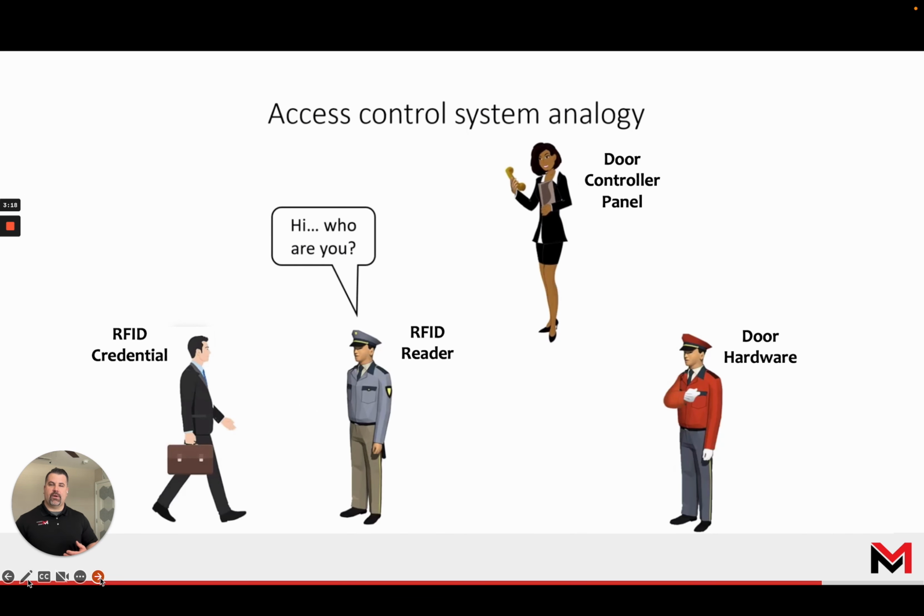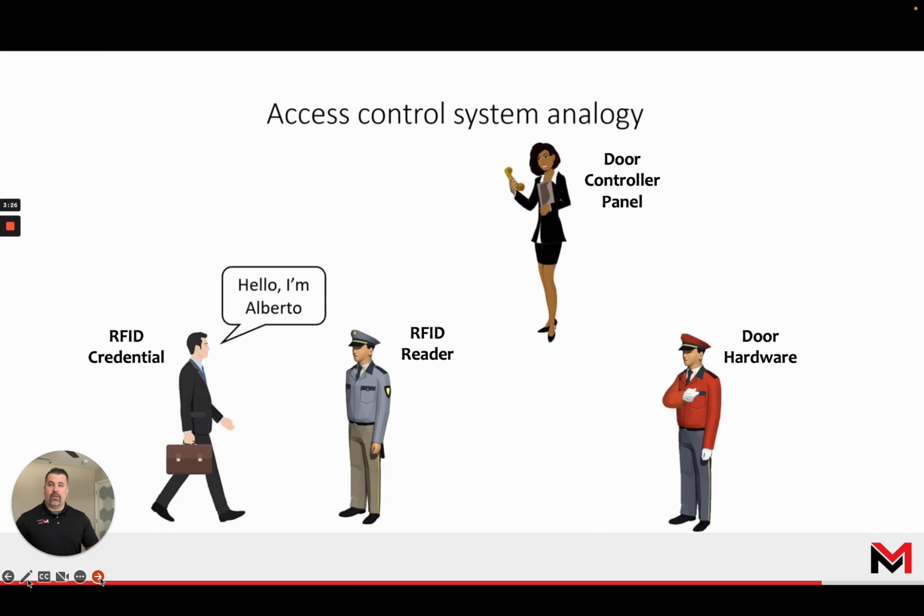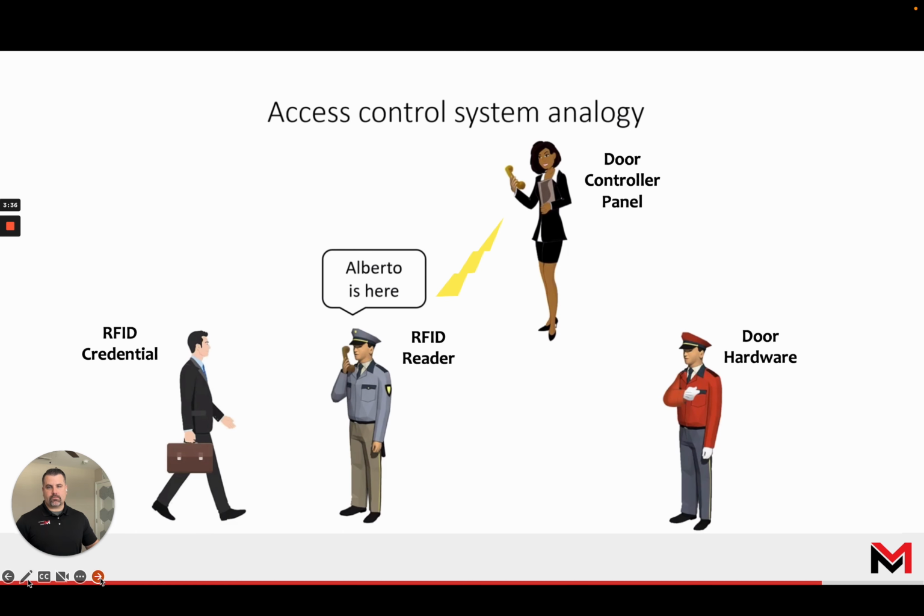So let's walk through the flow. The RFID reader says, "Hi, who are you?" asking the credential to present itself. The credential, again, could be RFID or a mobile credential. It recognizes that the reader is asking it to present itself, and it says, "Hi, my name is Alberto." The reader then accepts that information and lets the control panel know that Alberto has arrived.